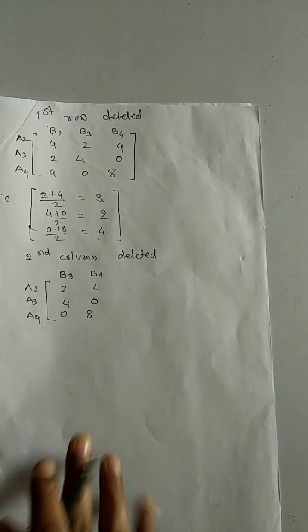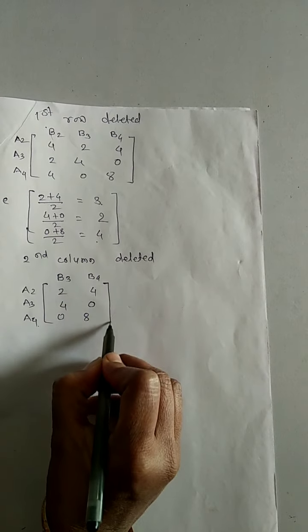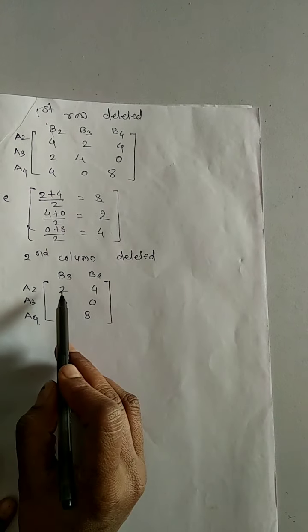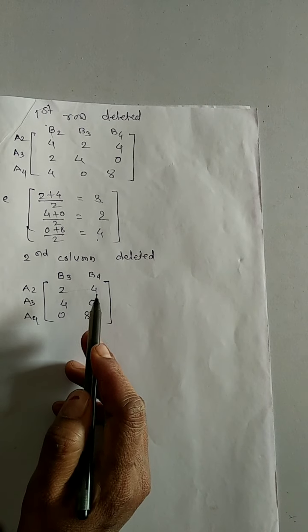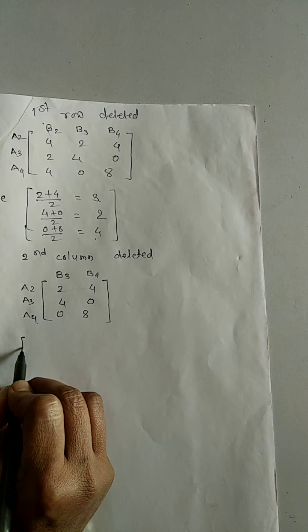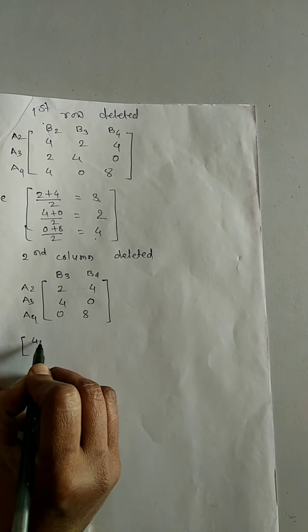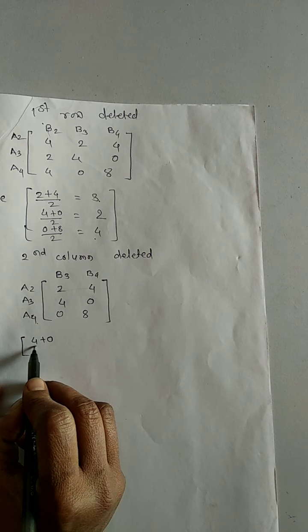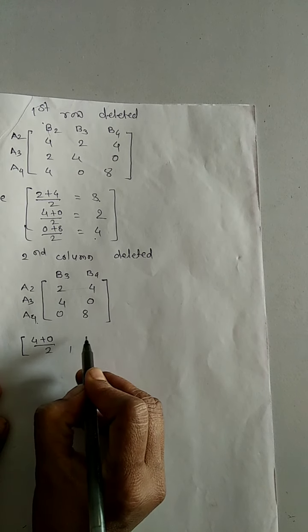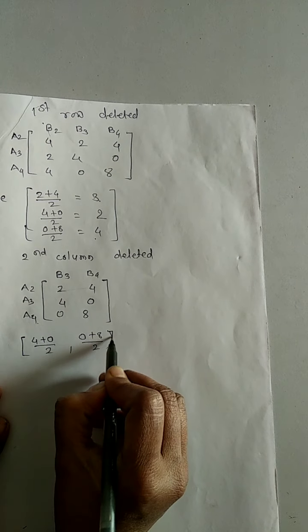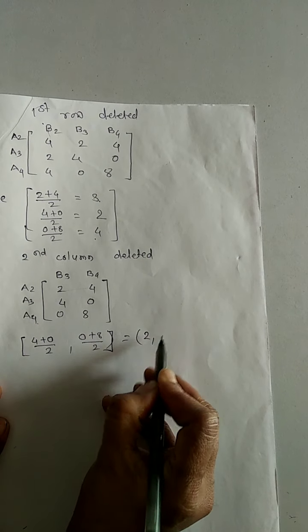Again, no single row is dominant. But the second row, that is 2 4, is dominated by the average of the third and fourth rows. First find the average of the third and fourth rows, that is (4 plus 0) divided by 2 and (0 plus 8) divided by 2, that is equal to 4.